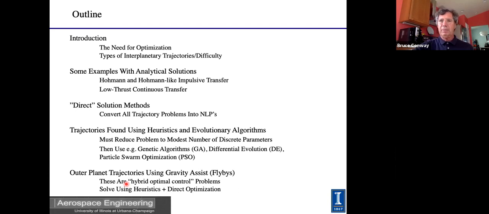In fact, it pretty much spans, by coincidence, my career as a researcher. They're frequently called direct solution methods as opposed to calculus of variations methods, which are referred to as indirect methods. Then we'll talk about probably the most exciting area right now in terms of trajectory optimization, which is the use of heuristic methods and evolutionary algorithms.